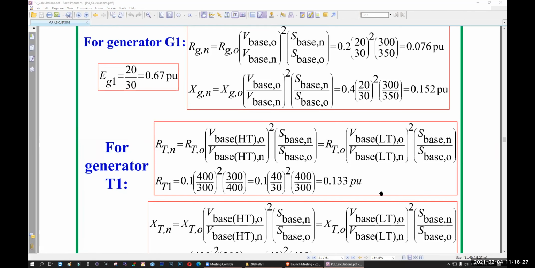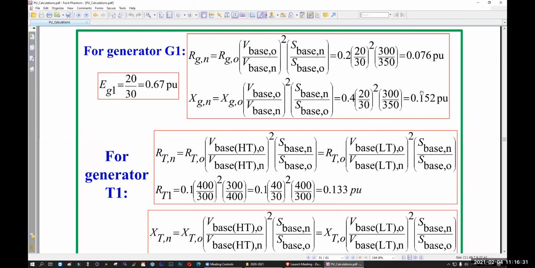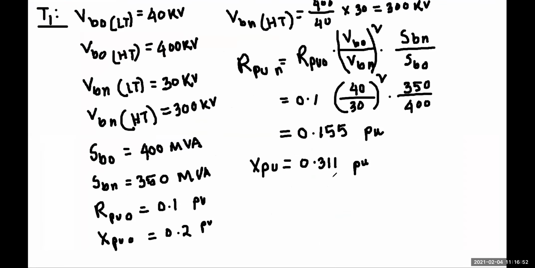Here you can see they do not follow my note, because S-base new should be what? 350, right? And S-base old is how much? The generator MVA was 400. So it should be different. Got my point? Yes, sir. So use my one, what I have shown you. Use this one.